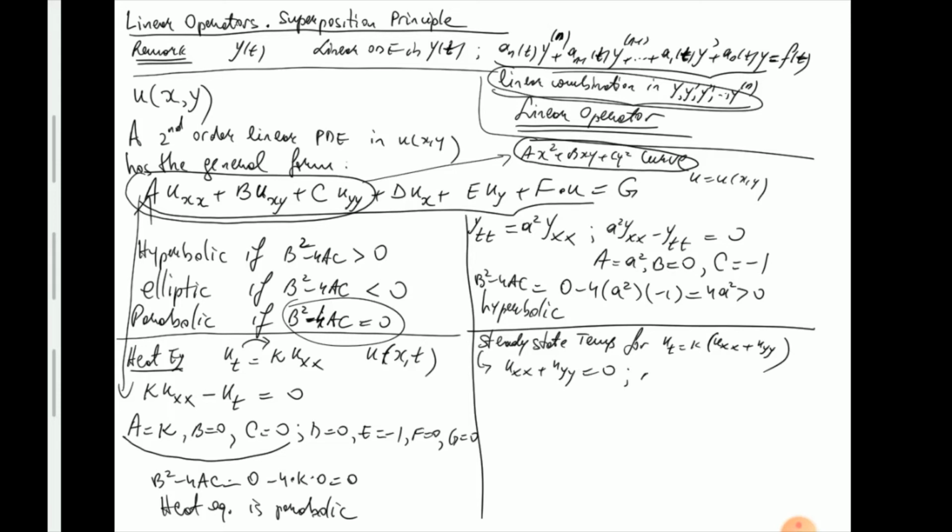In this case, A will be 1, B will be 0, C will be 1. And then b squared minus 4ac is going to be 0 minus 4 times 1, less than 0. So therefore the steady state temperature in 2 dimensions is an elliptic equation.